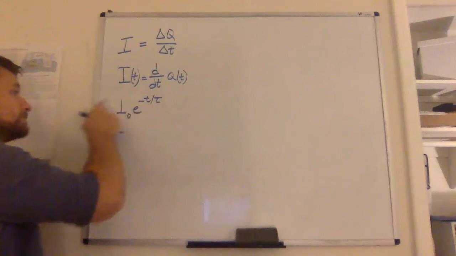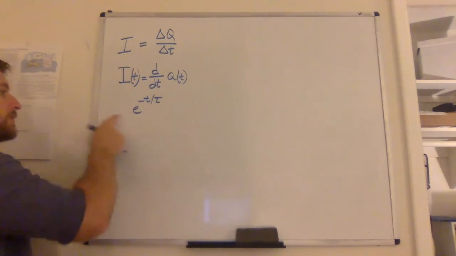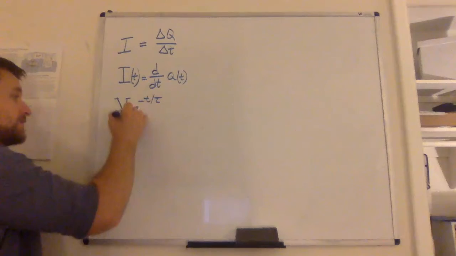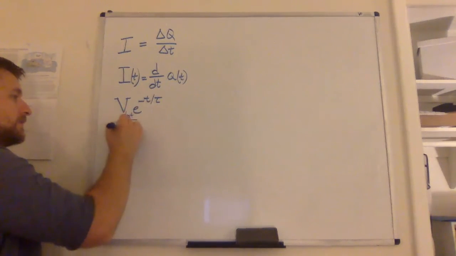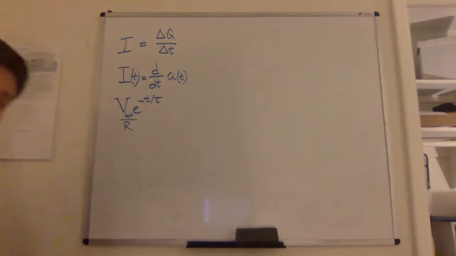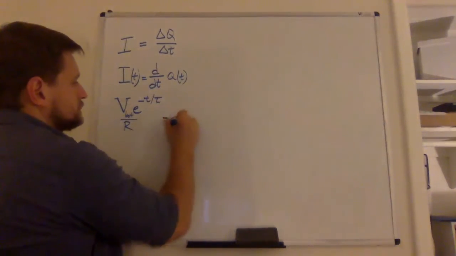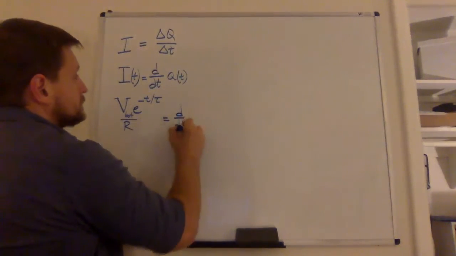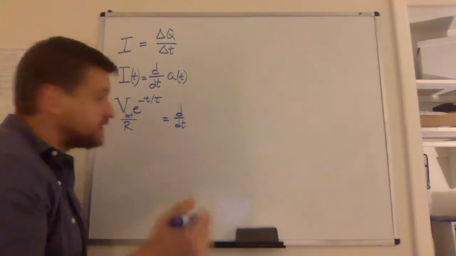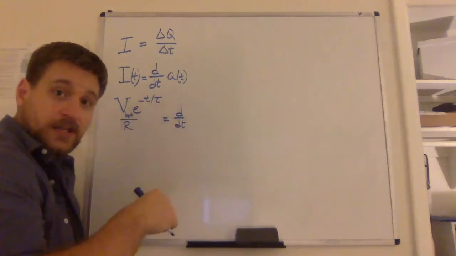Now, the current, we said, was the voltage on the battery divided by the resistance. The function for Q didn't come from calculus. It came from voltage.